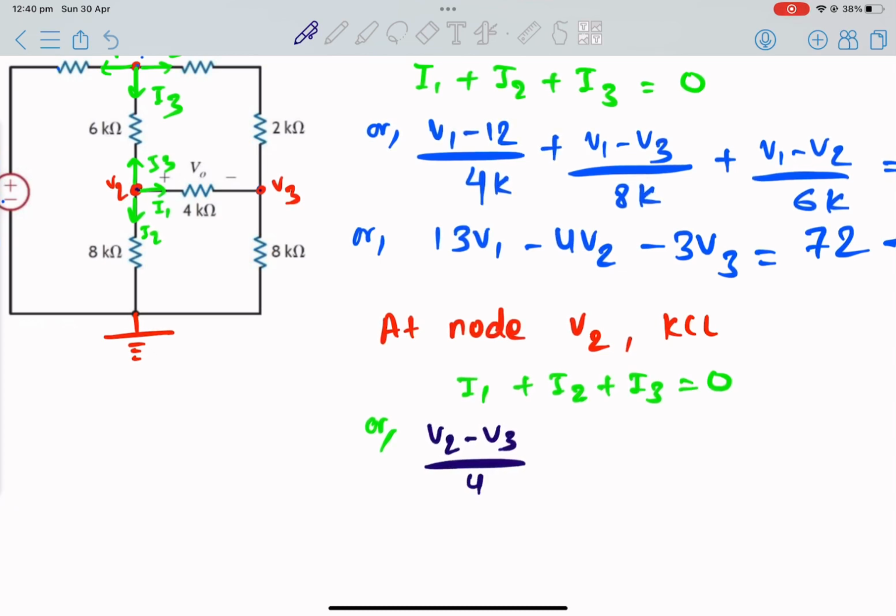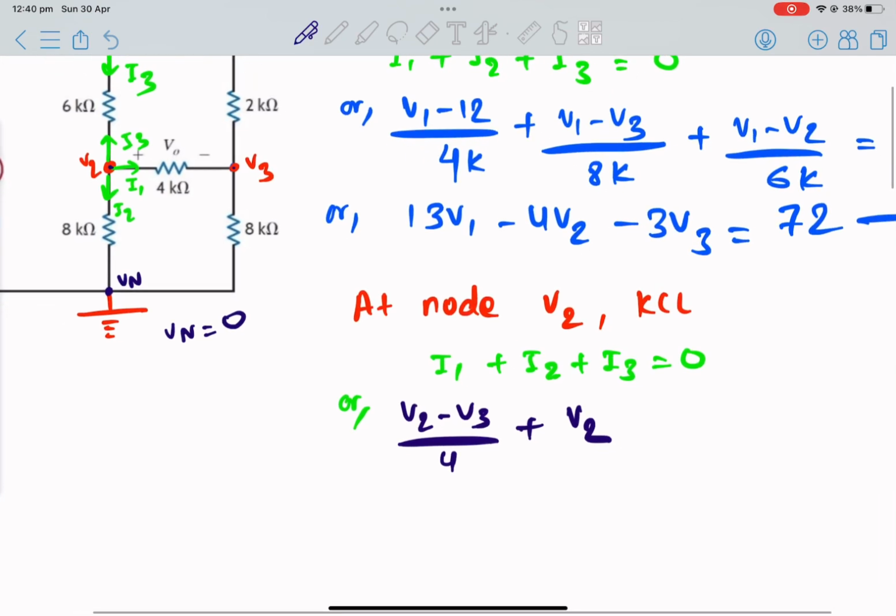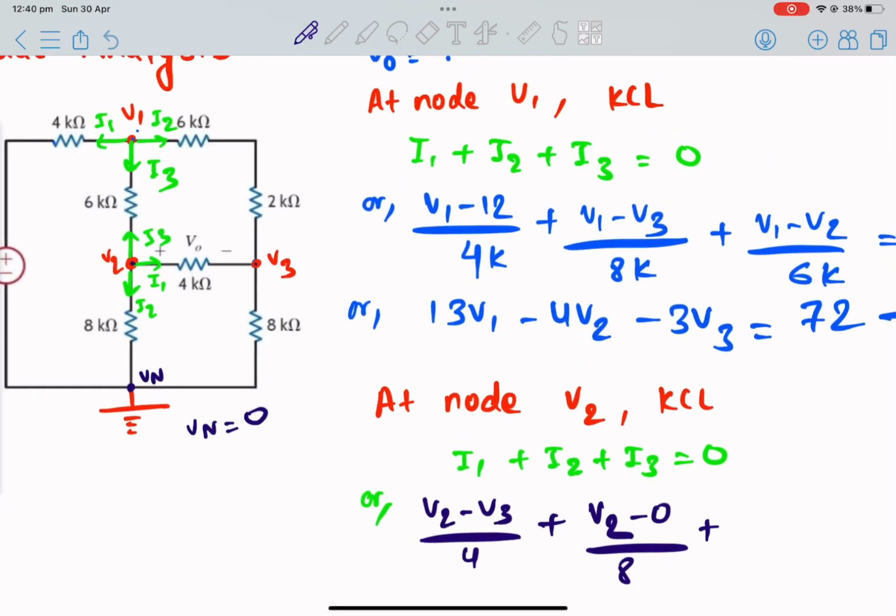Plus I2 is V2 minus this ground node over 8. Always know that ground node means voltage equals 0. Don't confuse yourself with this V0 and this V0; let me call this one Vn. Vn is 0 because it's the ground node. So V2 minus 0 over 8K, plus I3, which is V2 minus V1 over 6K, equals 0.